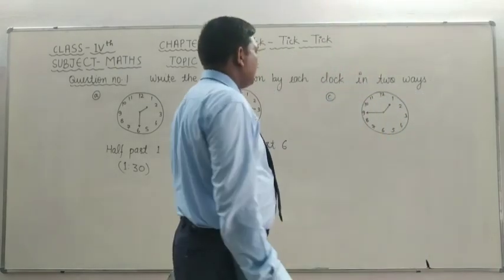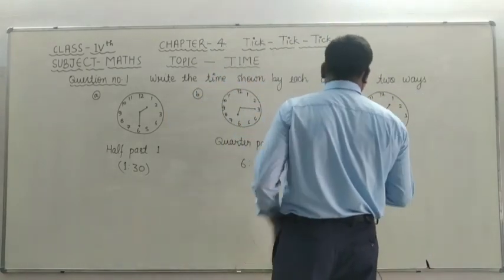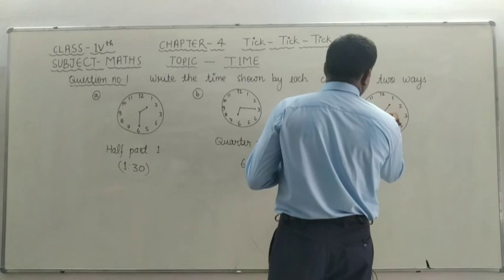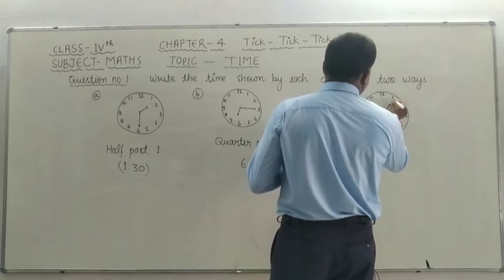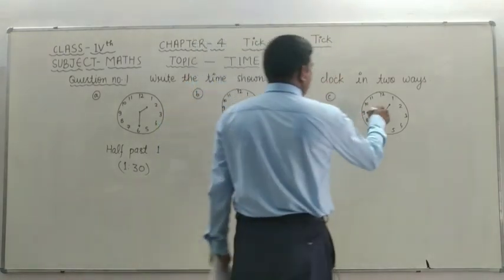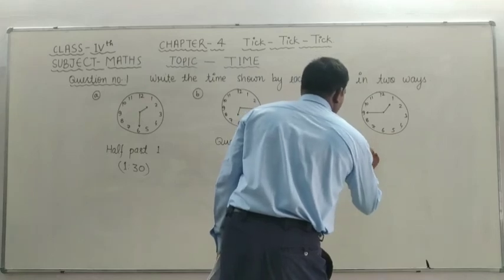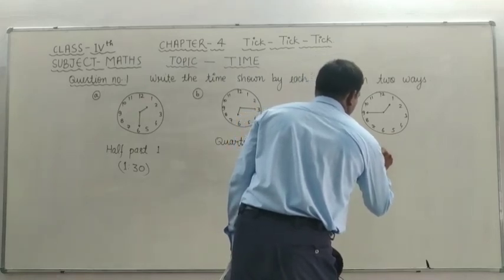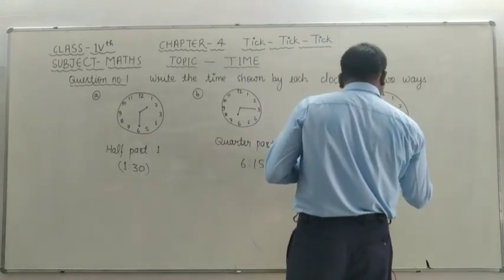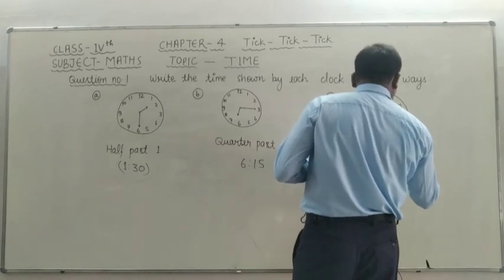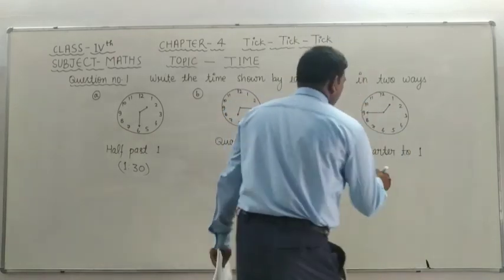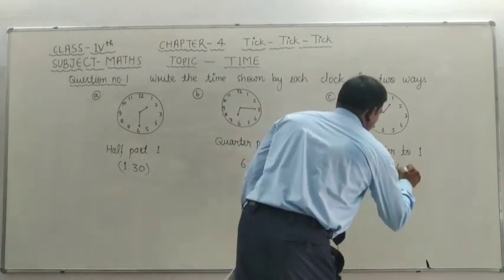Okay. Similarly, here the hour hand is exactly at 1 and the minute hand is exactly at 9. Therefore, the time is quarter to 1. Okay, it means that the time is 12:45.